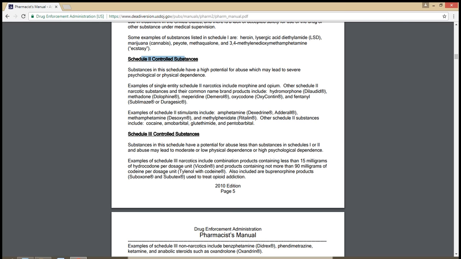So if it's written on January 1, it would expire 6 months after, in June. All right, so Schedule 2 per federal law does not expire, but per the state of Washington, it does. Schedule 3, 4, and 5 per Washington state rules also expire in 6 months, or you can give a maximum of 5 refills, whichever comes first.